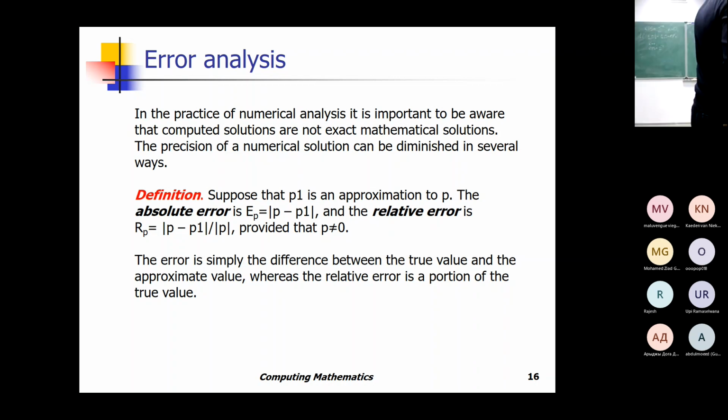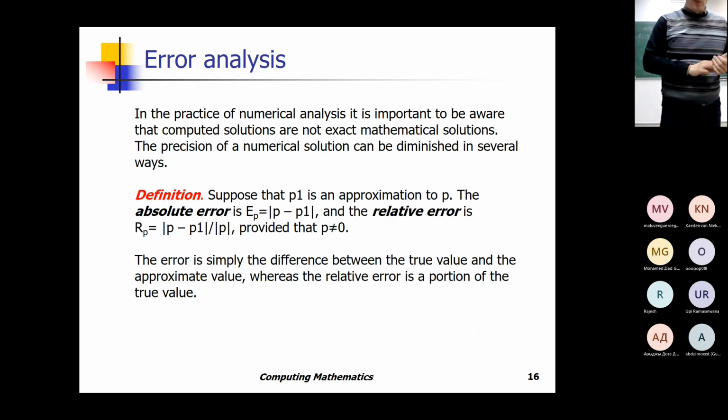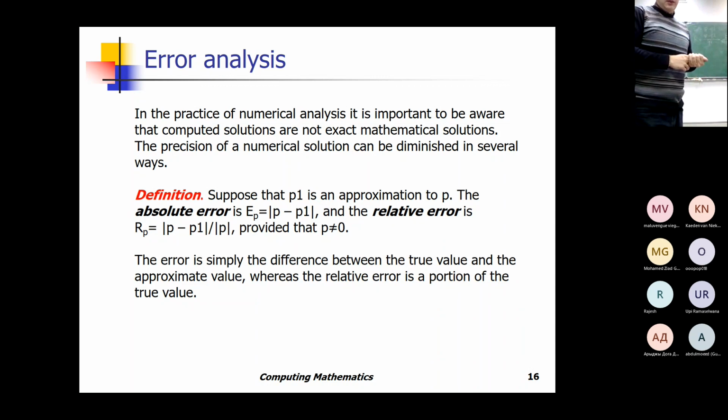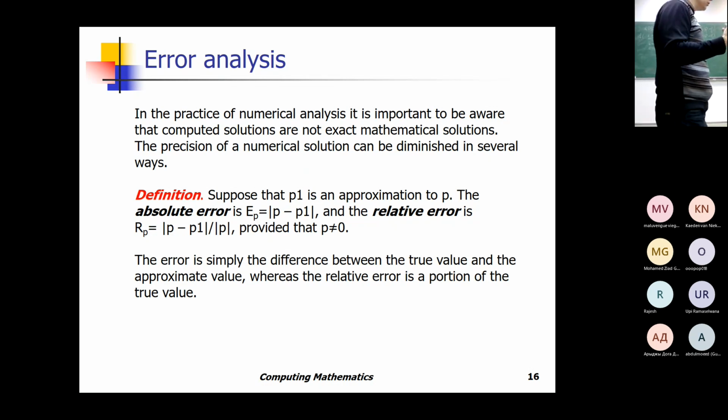From the source point of view, it's the same. I just take this difference and divide over P. So I can write that R equals the module of the difference over module P. But the relative error, when P is not zero, is better.